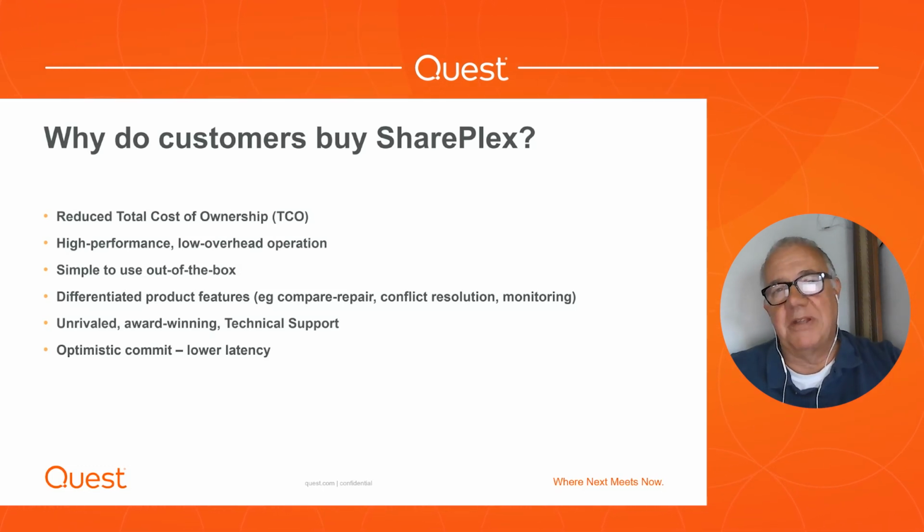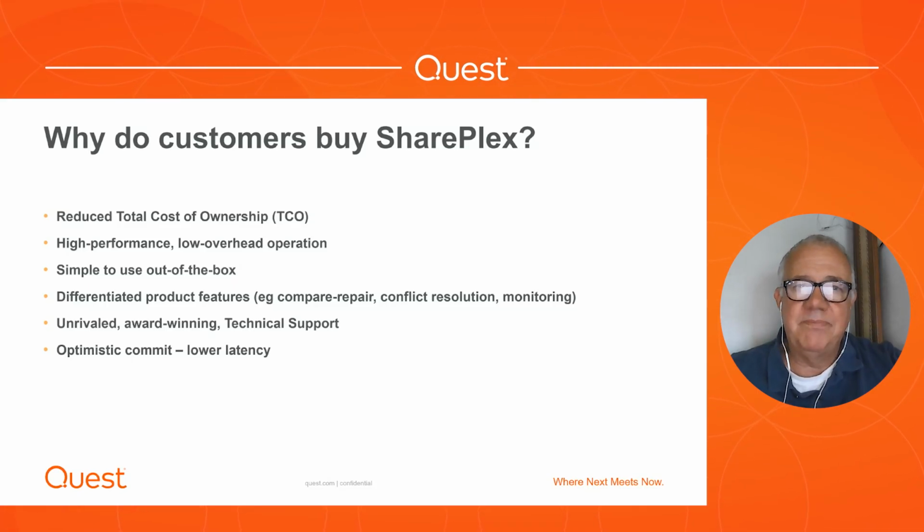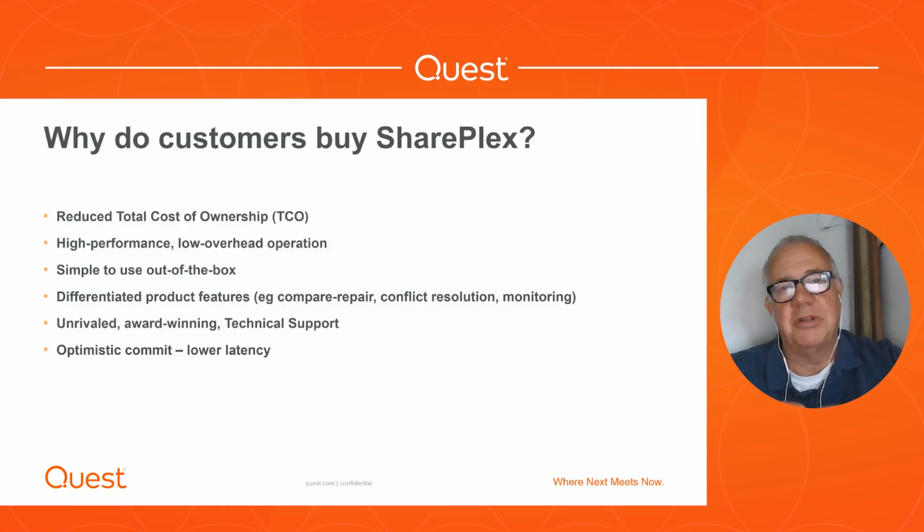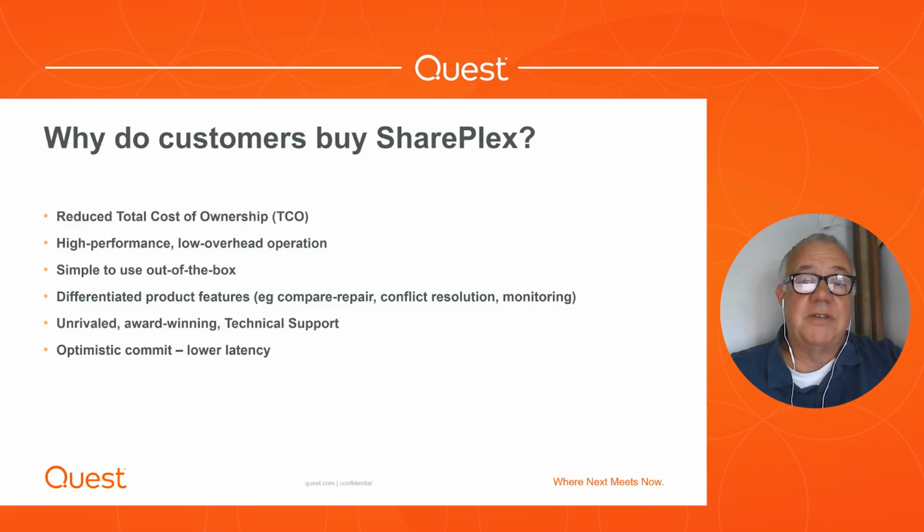The beauty of SharePlex comes from a design going back more than 30 years. SharePlex FS is the root for SharePlex for Oracle. We took the beauty and elegance of that product and we built SharePlex for Oracle. Now, we do have some differentiated product features. We are all inclusive.